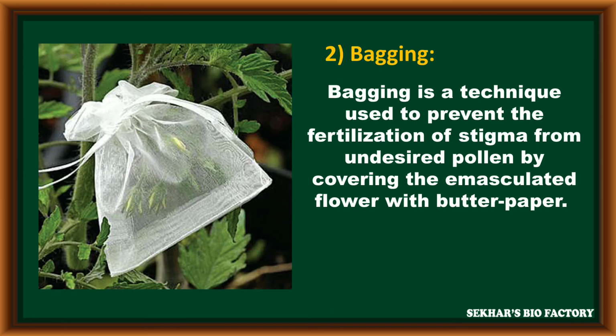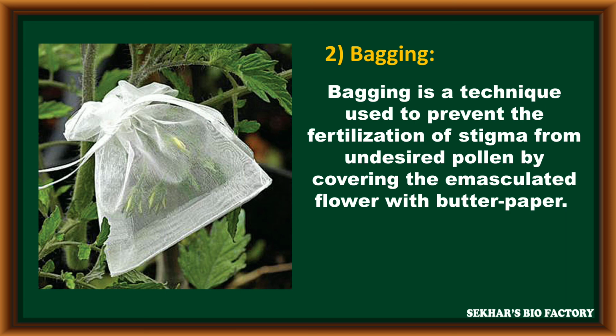The second step is bagging. Now the floral bud after its maturation, there is no chance for self-pollination, but sometimes if the flower is exposed to the surrounding environment, in such condition the stigma may receive the pollen grains of another plant. To avoid such a condition, we perform bagging. Bagging is a technique used to prevent fertilization of the stigma by undesired pollen from another plant.